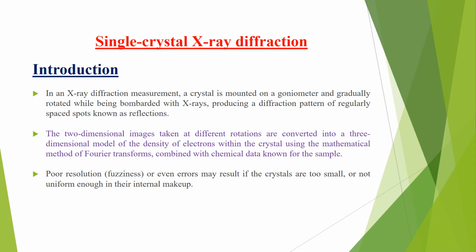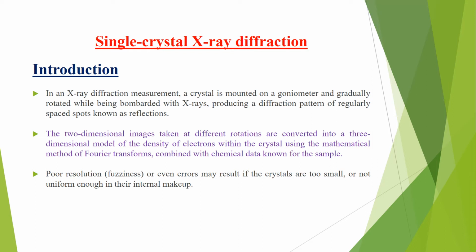Poor resolution or fuzziness or even errors may result if the crystals are too small or not uniform enough in their internal makeup. So here we can see that in the X-ray diffraction machine, a single crystal is mounted on a goniometer, which is rotated all the time when the X-rays are being bombarded on the crystal.